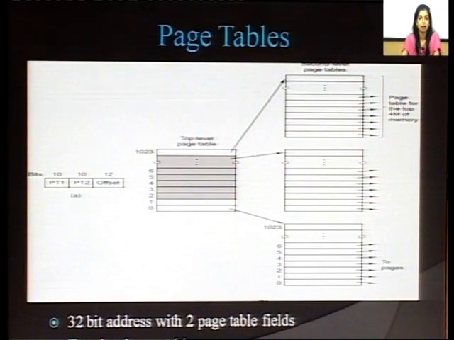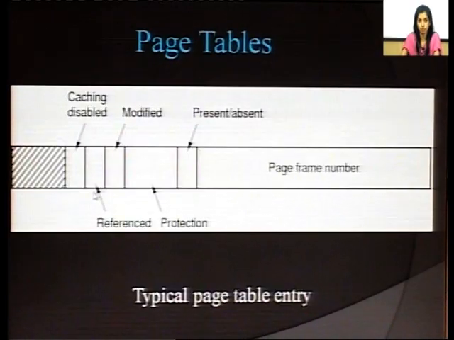In this way, a page table works in a number of parts: offset, PT2, PT1, page table 1 and page table 2. The page table can be modified and should have a referenced bit, caching disable, and present and absent bits.